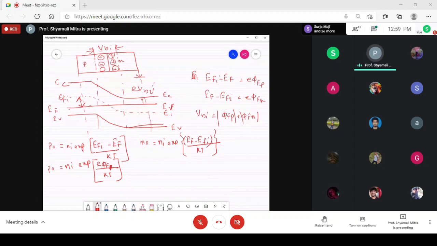Now what we are trying to get out of this is phi F. To calculate the VBI, taking log on both sides, ln P0 by Ni is E phi F by KT, and we have phi FP is equal to KT by E ln P0 by Ni.